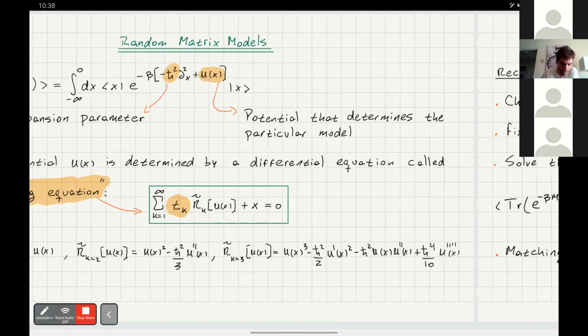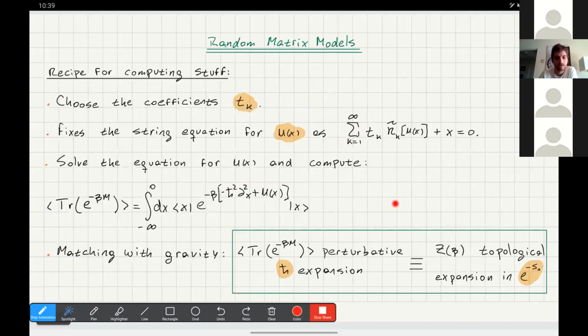Good. So I'm pretty sure I might have lost a lot of you because I've introduced a lot of technology and I haven't told you exactly how to get it. So let me try to save those of you who have not followed this, and give you a recipe for computing stuff. The idea of this matrix model technology is the following. The first thing you do is choose these coefficients, Tk.